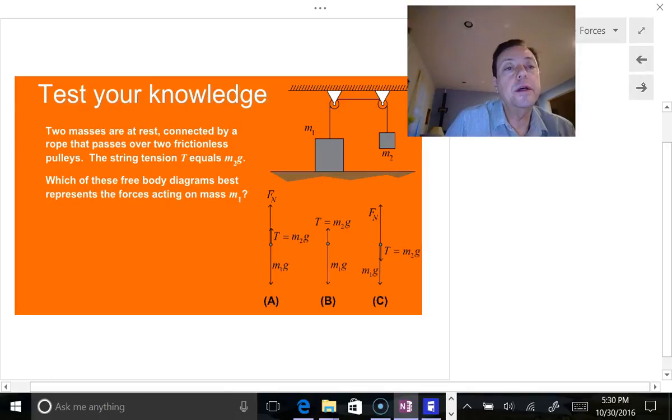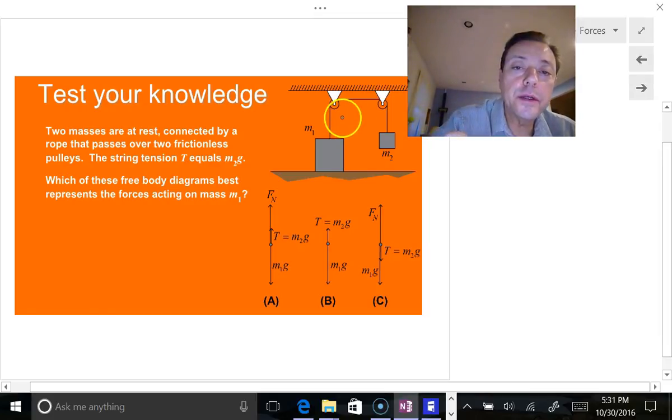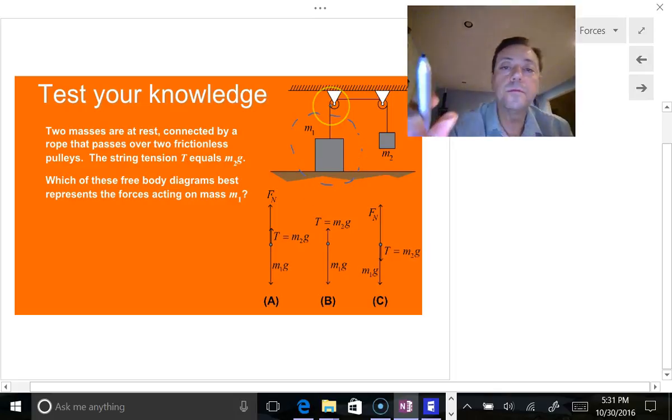So let's see. 2 masses are at rest, connected by a rope that passes over 2 frictionless pulleys. The string tension T equals M2G. Which of these free body diagrams best represents the forces acting on mass M1? Well, the thing we're isolating is M1.